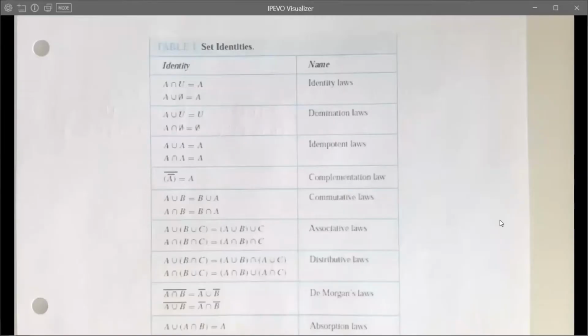And that brings us to set identities. So just like we had equivalence laws for logical expressions, we have some laws that pertain to set identities.